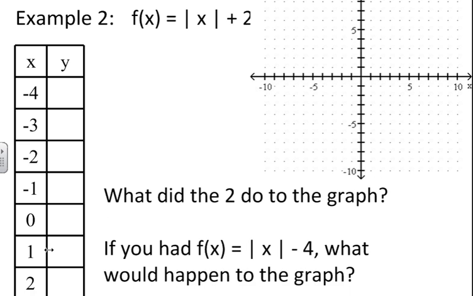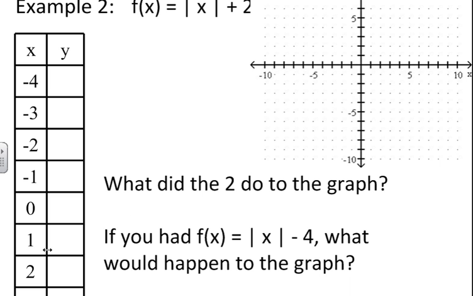It says, go ahead and graph f of x is equal to the absolute value of x plus 2. So let's go ahead and put those in. If I put 0 in, the absolute value of x is 0, plus 2 is 2.